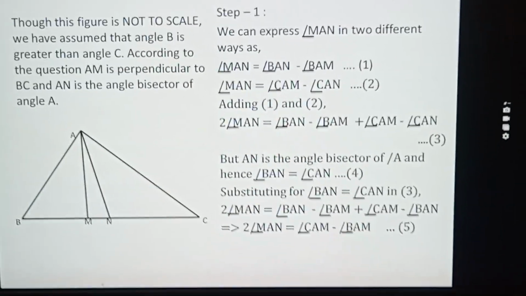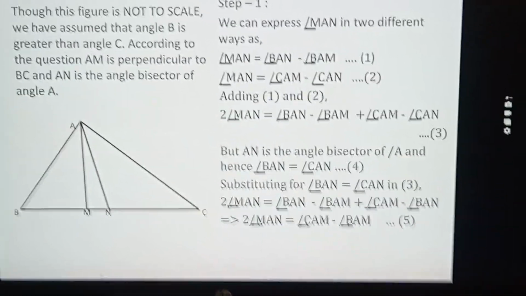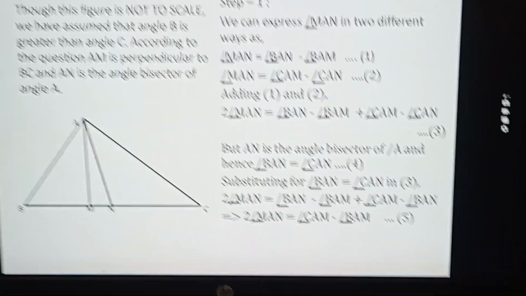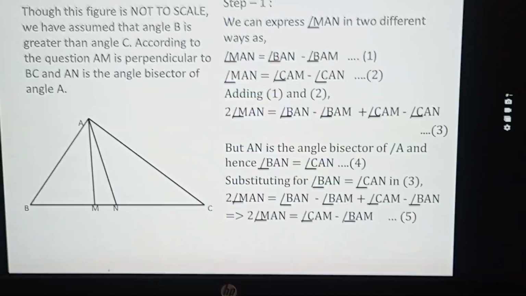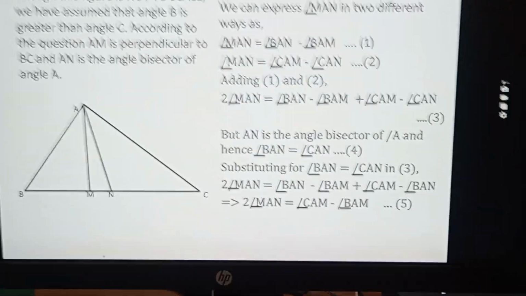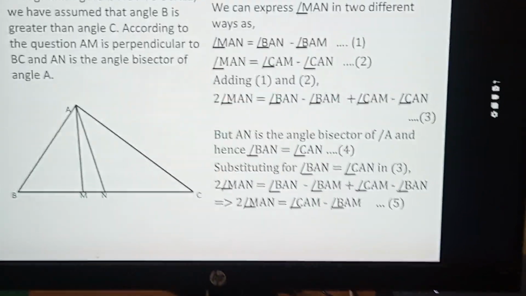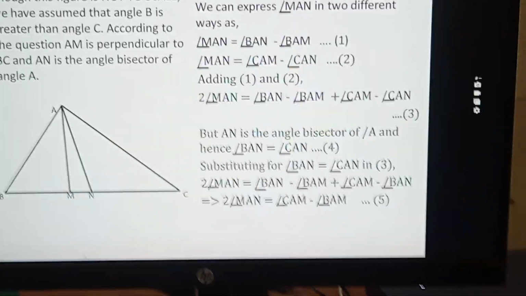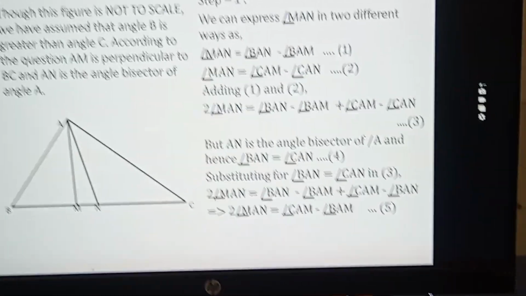Substituting angle BAN equal to angle CAN in equation 3, we can use angle BAN and angle CAN interchangeably. So we can write angle BAN everywhere instead of angle CAN.